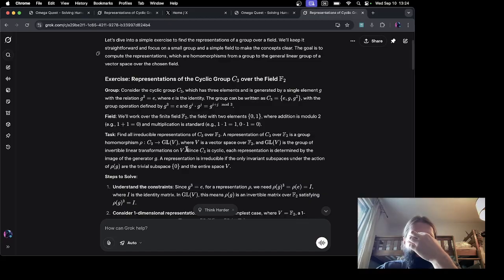And again, I'm trying to step back. Why is that? I had the feeling that this is like moving up and down levels of abstraction, right? Because it almost feels like a group is more abstract than a field.